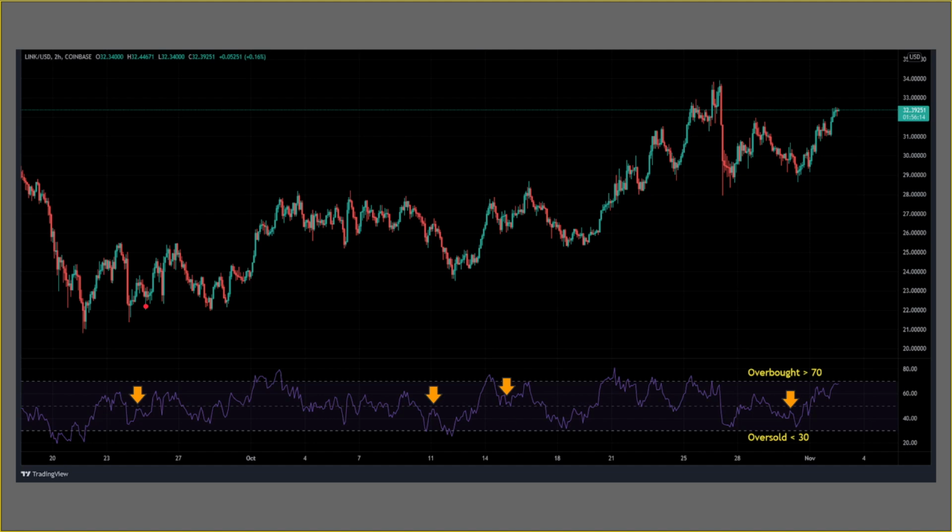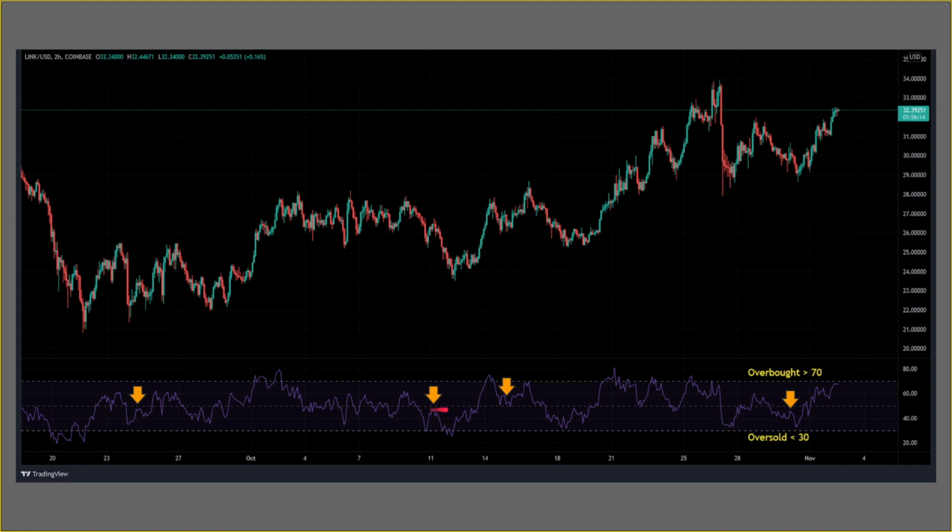That could have been a potential move. Here's another indication. We're seeing the RSI fall down to this oversold level, just about 30, and then attempting to breach past to this 50 level. It fails to do so.